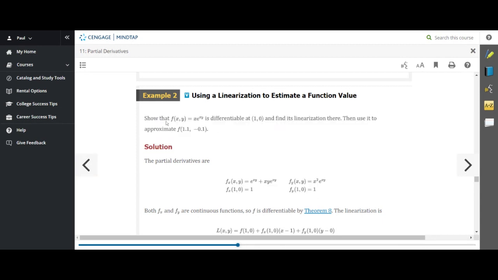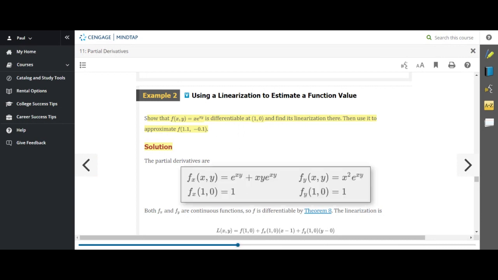So we have this function. We want to find its linearization, then use it to approximate the function at the point (1.1, -0.1). Now you notice they're using the value (1, 0). That's because the partial derivatives are easily computed when x equals 1 and y equals 0.